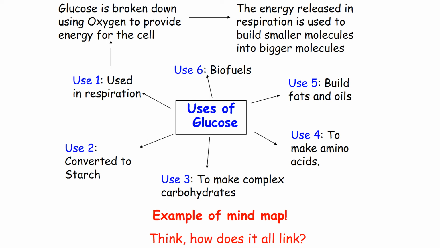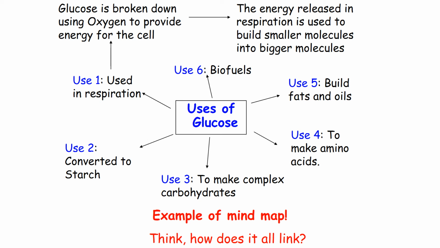Now, there are other links that I could make, and those other links are what you're going to be adding using the next few slides. So starting off, I've done the first one for you. So use 1 is used in respiration, and glucose is broken down using oxygen to provide energy for the cell. This energy is then released during respiration, again for anabolic processes to build bigger molecules.